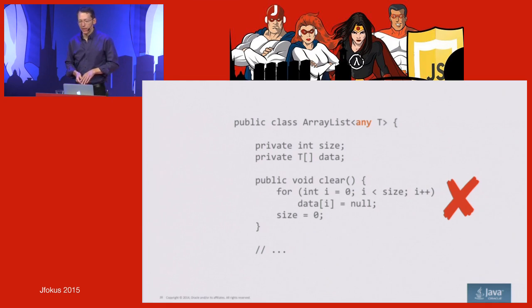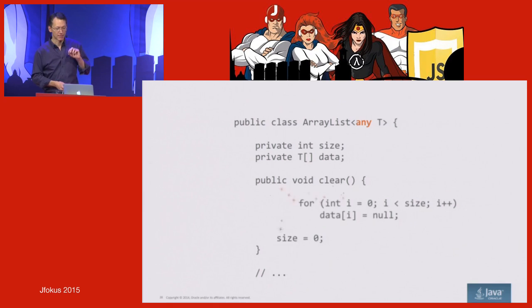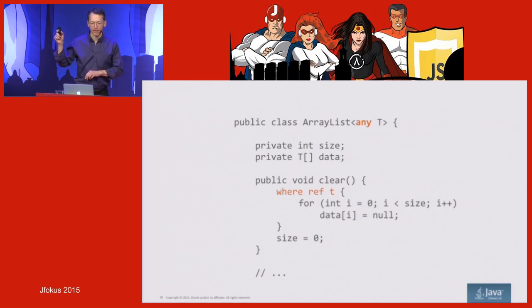So what we're thinking of is introducing a very limited form of what amounts to conditional compilation. Imagine you could enclose some code in a block that was keyed on whether a type variable is a reference type versus a value type. Maybe like this. Where ref T means, when the type variable T is a reference type, then include this code in this block, the for loop.